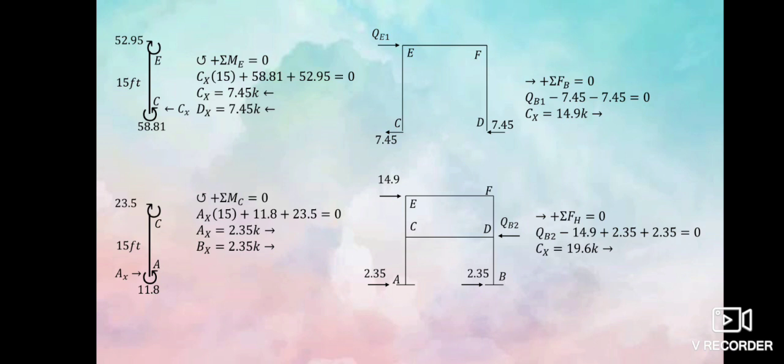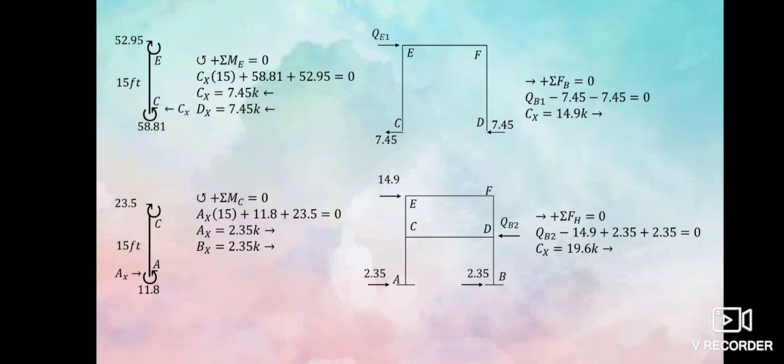And for this, again, on the upper left side, we have all forces acting counterclockwise is positive, I'm sorry, for the summation of all moment E is equal to 0. Then Cx times 15, this is the length, plus 58.81.